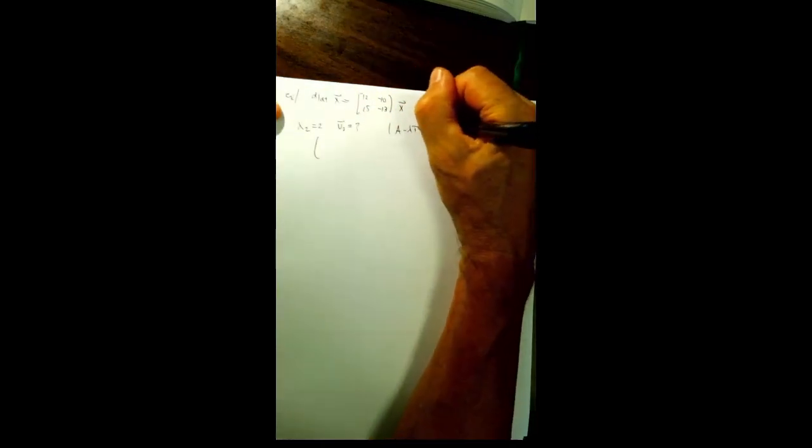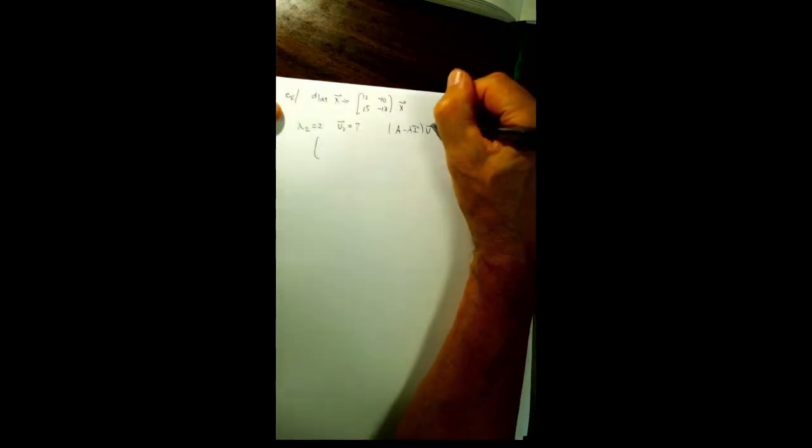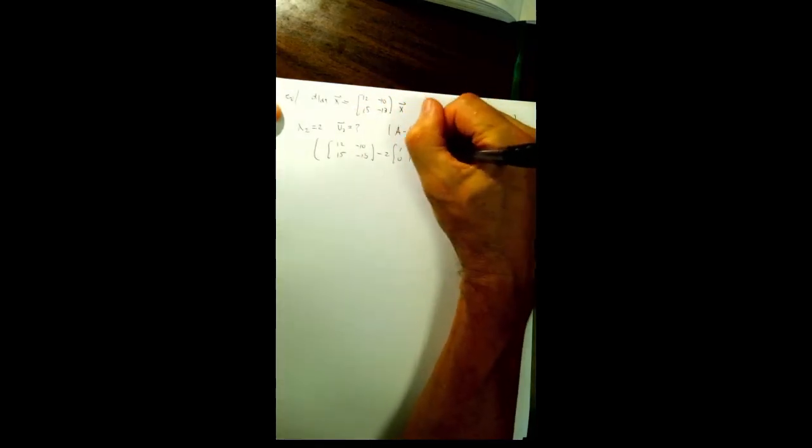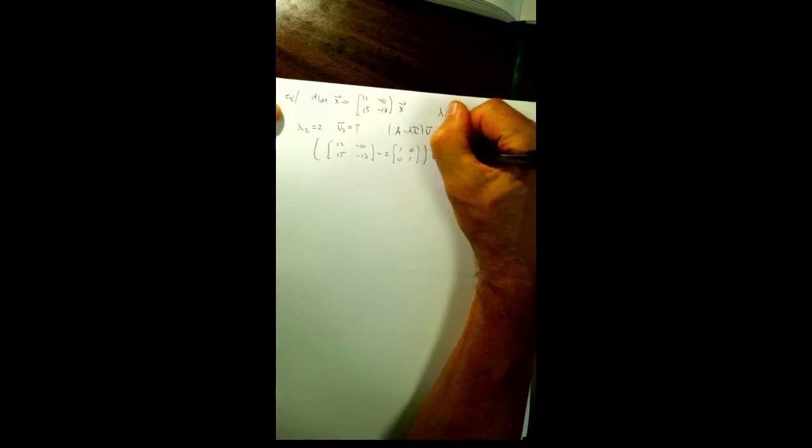Lambda 2 is what we said was 2, and I want to figure out what v2 is. So I'm going to look at A minus lambda I times V equals 0. So A is 12, minus 10, 15, minus 13, minus 2 times the identity matrix, times V2 is 0.